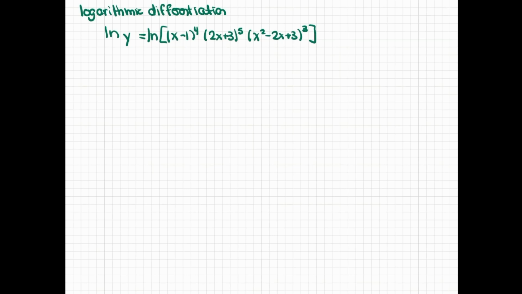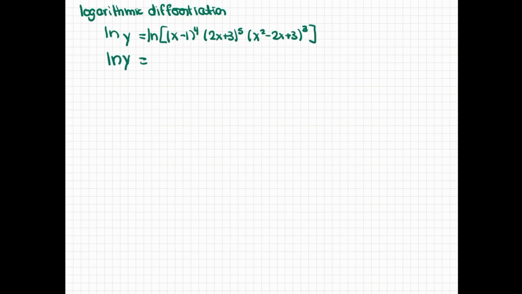I want you at this point to remember the product log rule, because the product log rule tells me that if I have 3 terms multiplied together with a ln out in front, that is the same as taking the ln of each one and adding it together, similar to our product rule that we use for differentiation.